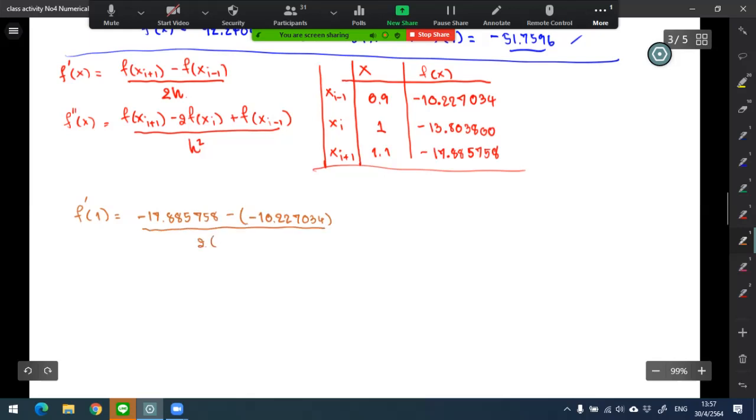It is equal to minus 38.29362. Six digits. Yes, 6 digits.